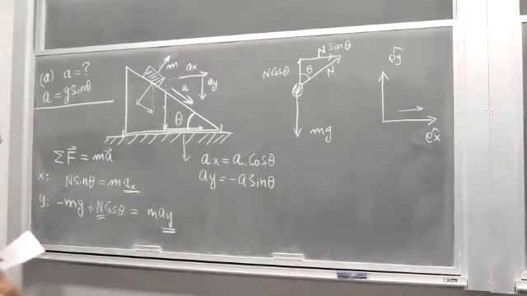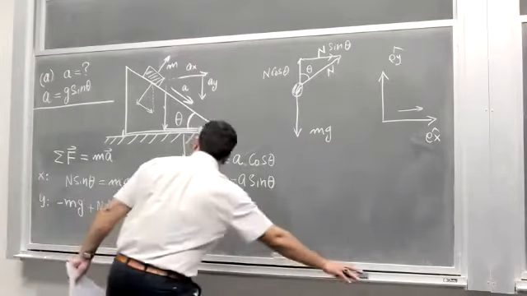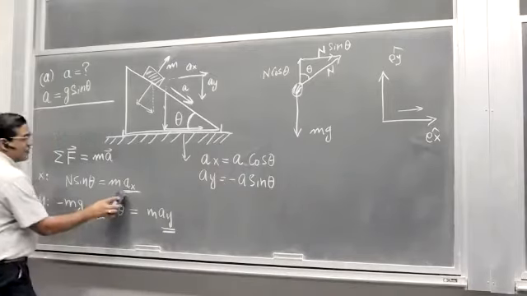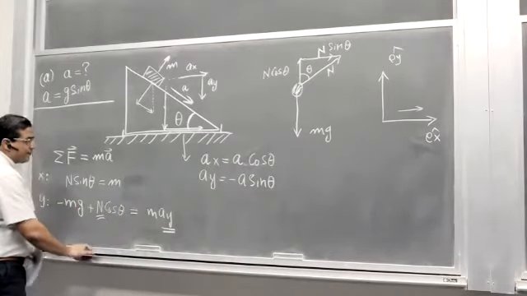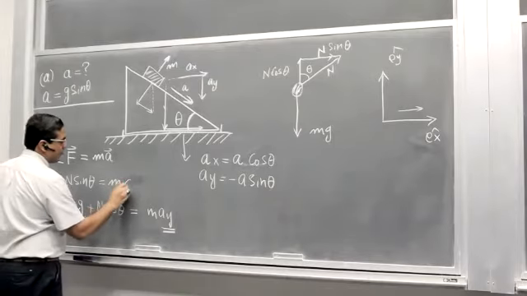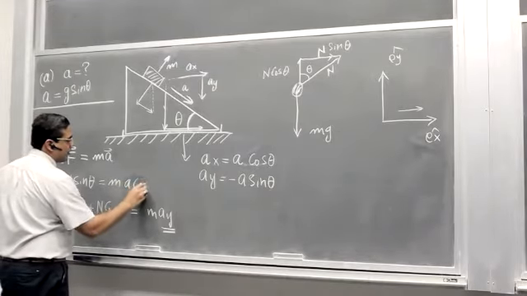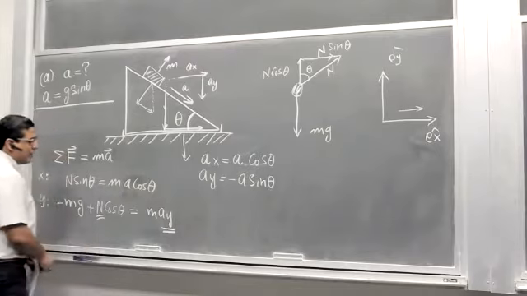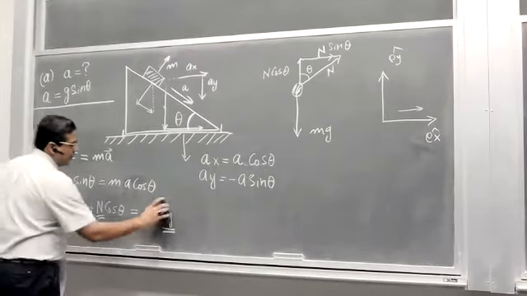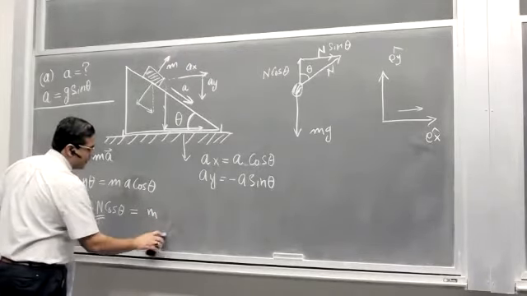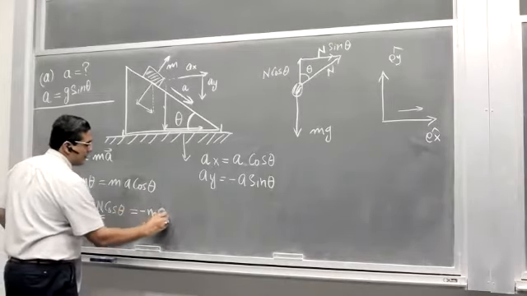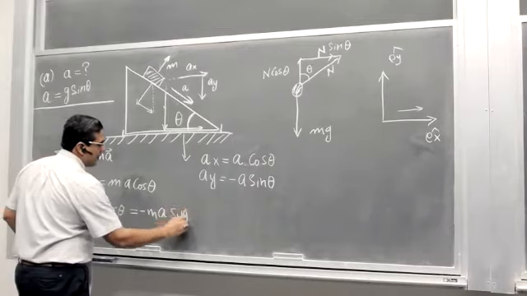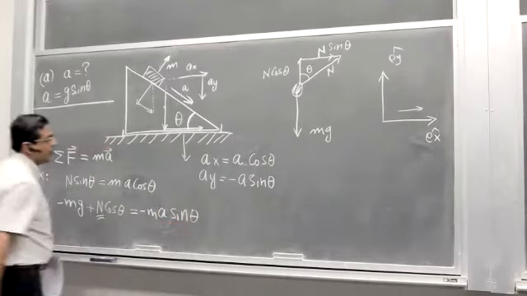Let me just erase AX here and substitute the value of AX here, A cosine theta, and the value of AY would be minus A sine theta, right?